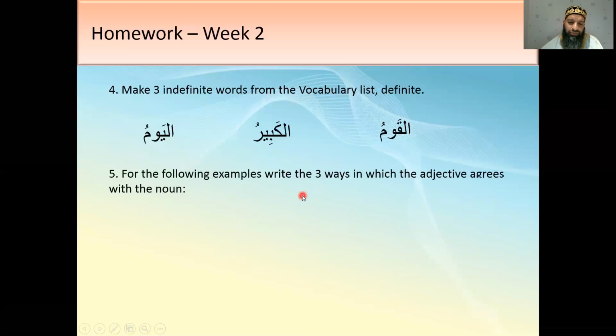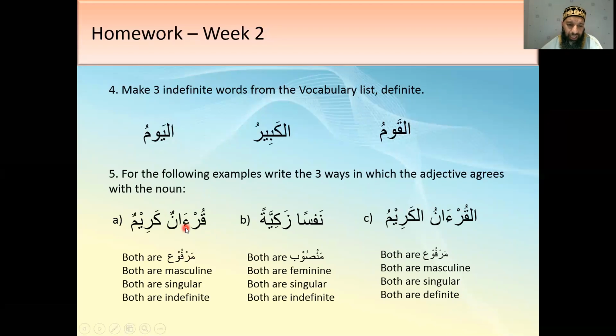For the following examples, write 3 ways in which the adjective agrees with the noun. So A, Qur'anun Karimun. Karimun is the adjective, and it's agreeing with the Quran in what ways? This is written here. So both are marfu.